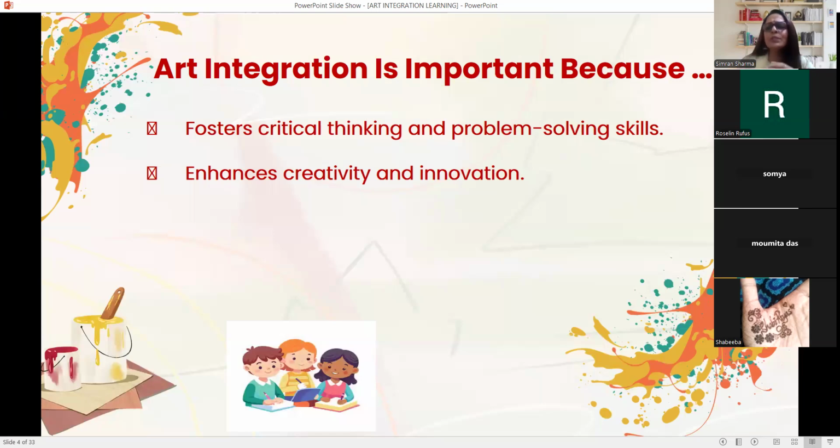Which one will be the most effective? Then they go and talk to their friends. They go and research, they refer to different sources. When they are collaborating with their friends, their social skills are improved. When they are researching, when they are understanding others' points of view, they become more emotionally intelligent. They become more engaged in the activity.